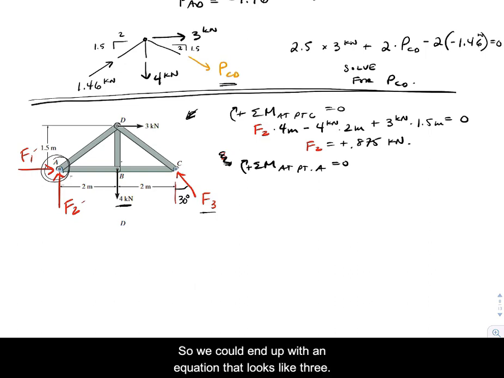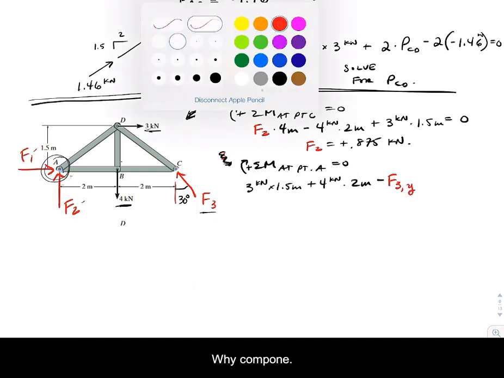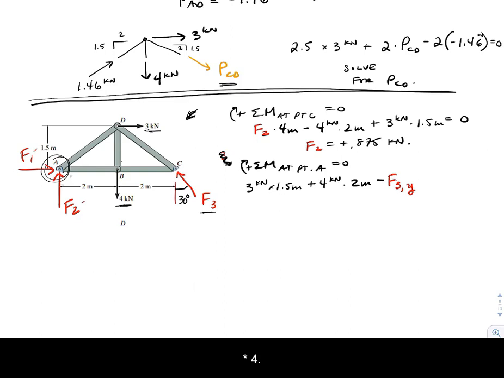So we would end up with an equation that looks like 3 kilonewtons times 1.5 meters, right, from the load above, plus 4 kilonewtons times 2 meters, minus F3, the y component, multiplied by 4 meters.